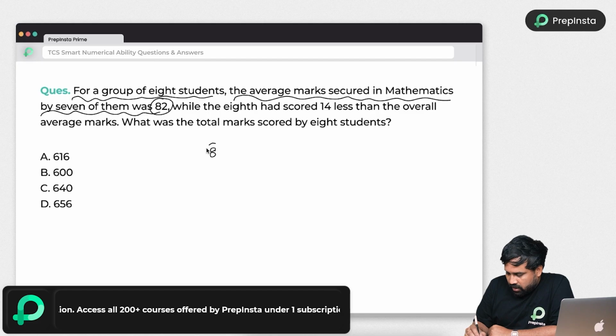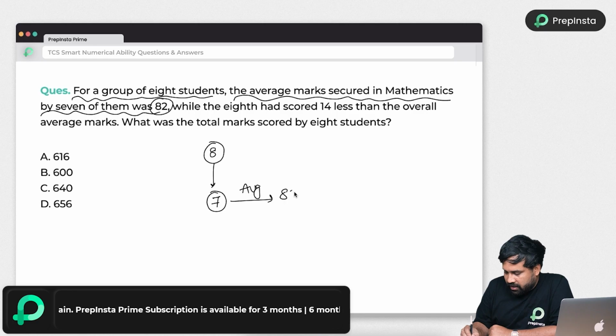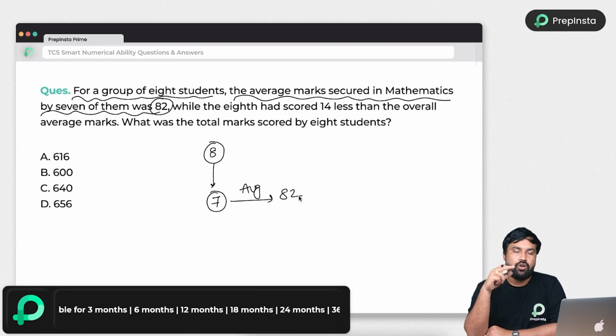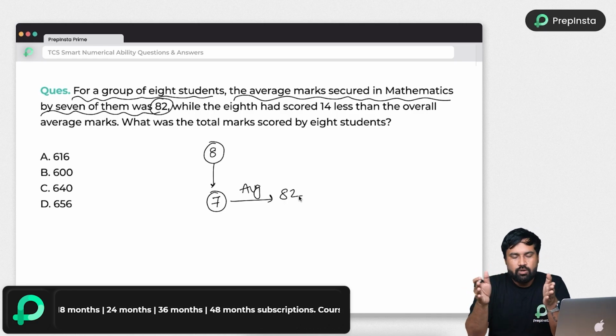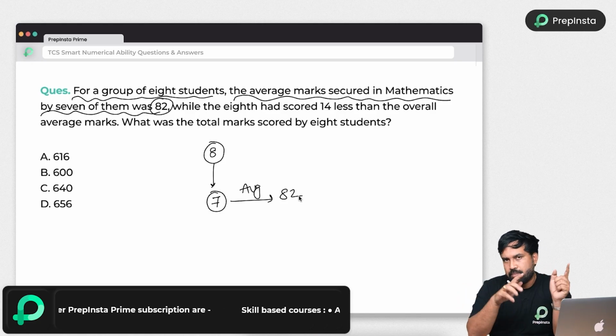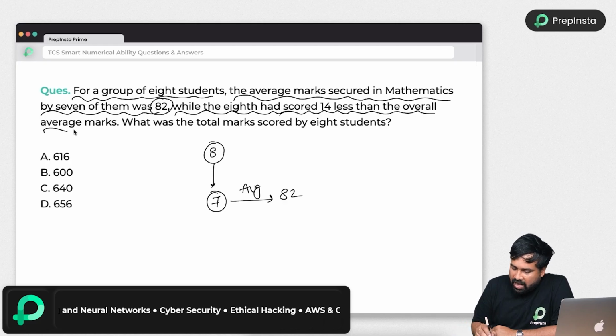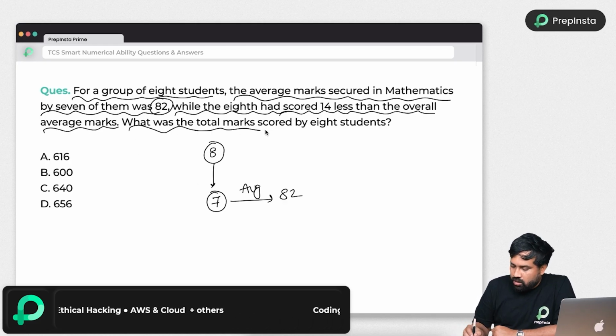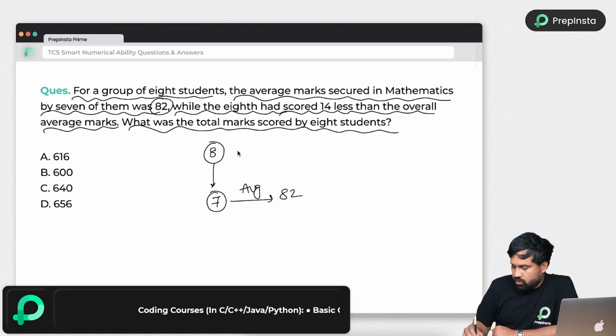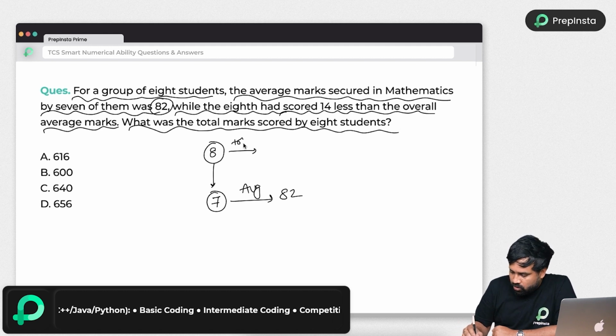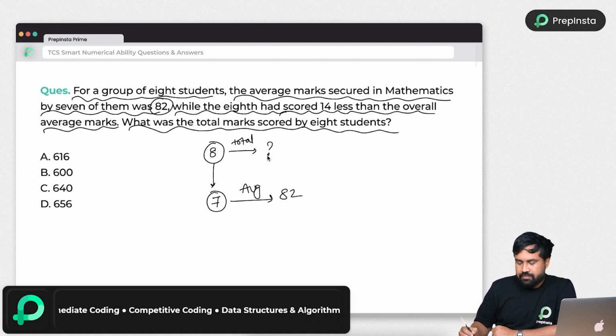So there are 8 students actually, but they have given 7 students' average, that is 82.